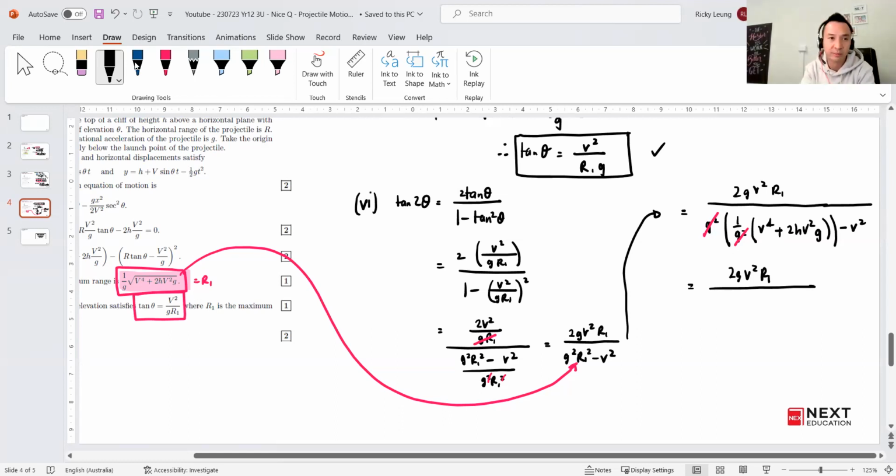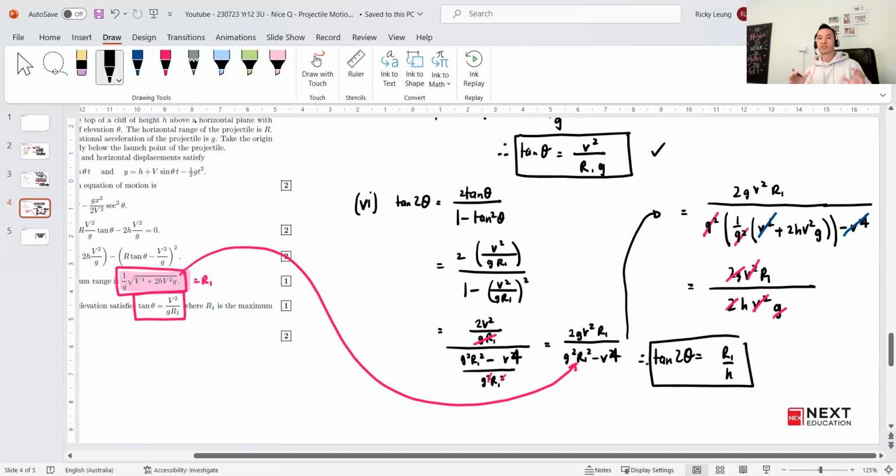I'm missing a v squared. Oh, perfect. That should be v to the 4. Good. I was worried it's not canceling out, that's a problem. Okay, cool. And then this goes away with this. Ah, yes, we're cooking. v squared g. And then last but not least, 2g, 2g, v squared, v squared. Haha, got it. Equals R1 on H. Tan 2 theta equals 2.